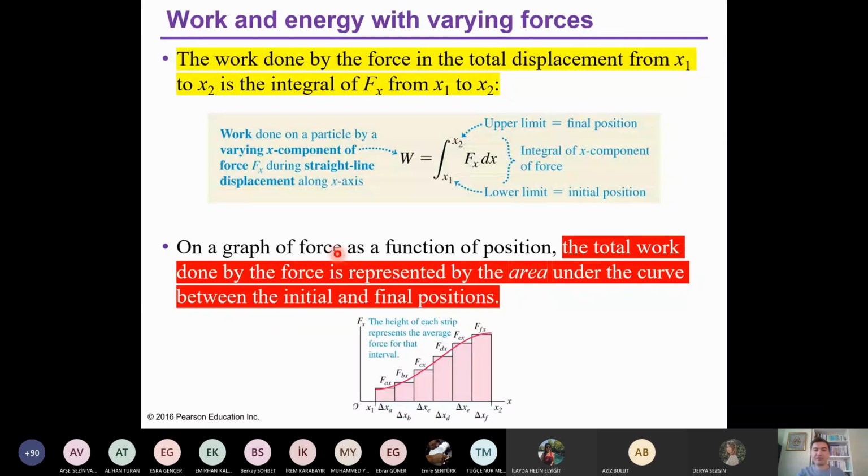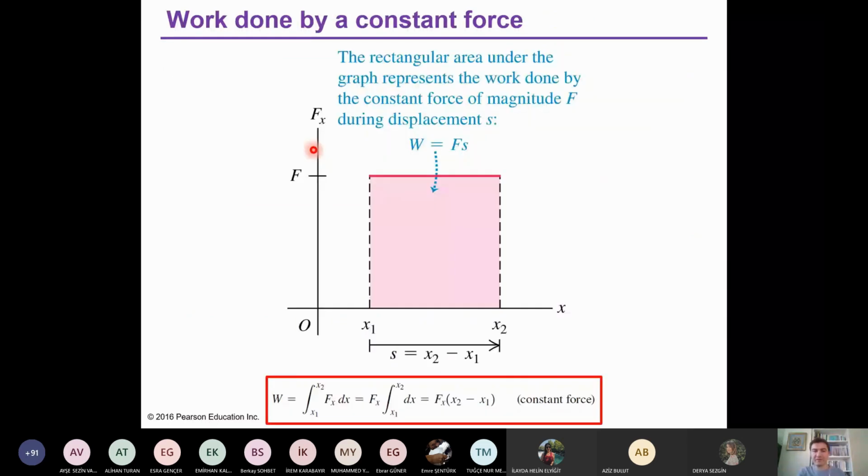Now just compare it with the work done by a constant force. Here the horizontal axis is the x position, this is the origin, and the vertical axis is Fx, force. This is the initial position of the particle, and this is the final position of the particle, x2. What do you see here?